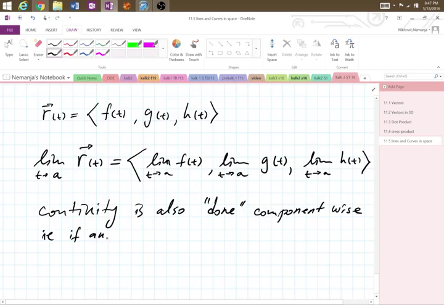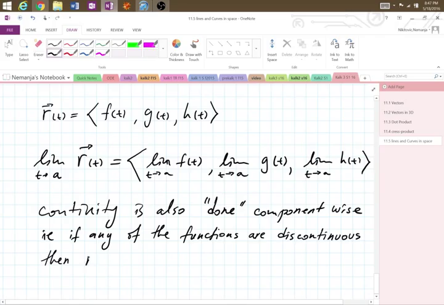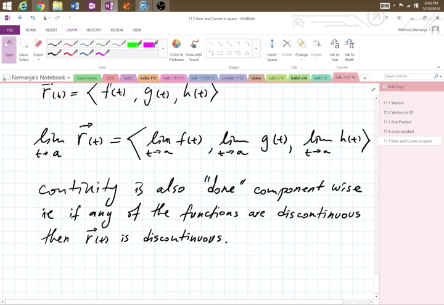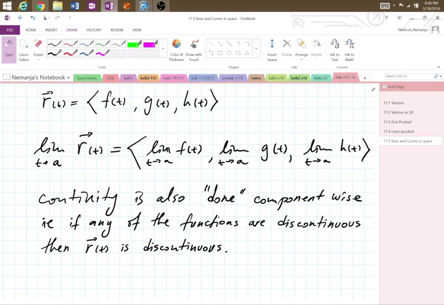If any of the functions are discontinuous, then r of t is discontinuous.